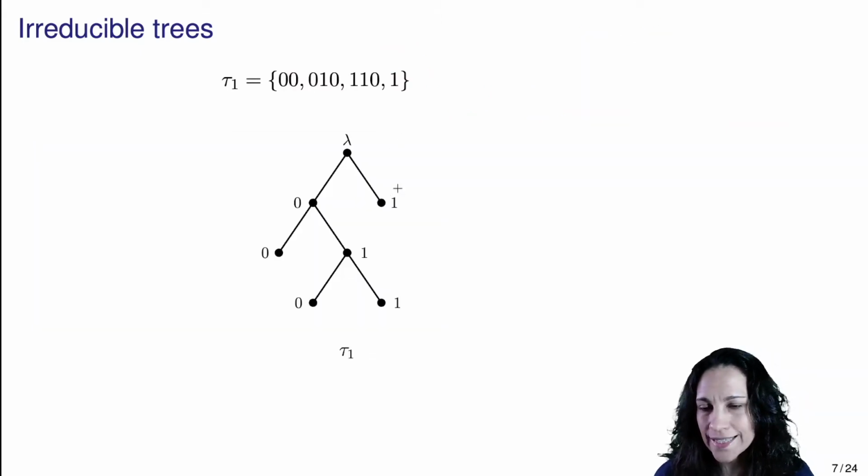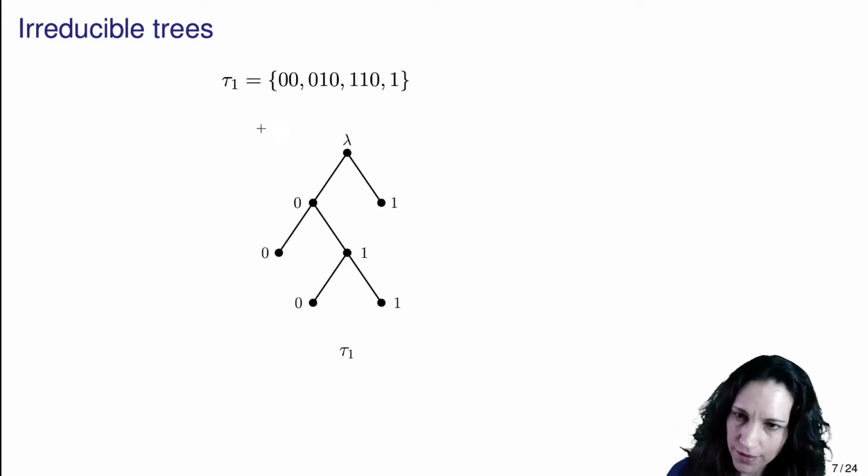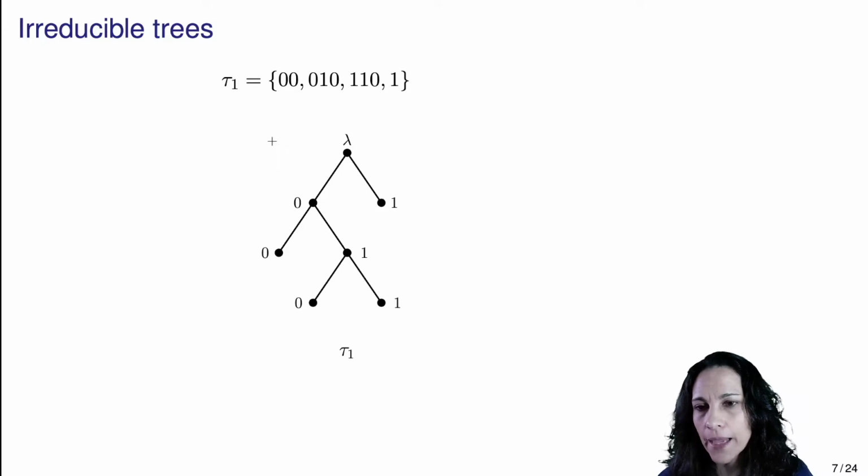So we can see that any one of these sets, in particular the sets that are trees and that are irreducible trees, can be represented graphically by a tree with a root on top and the leaves on the bottom.